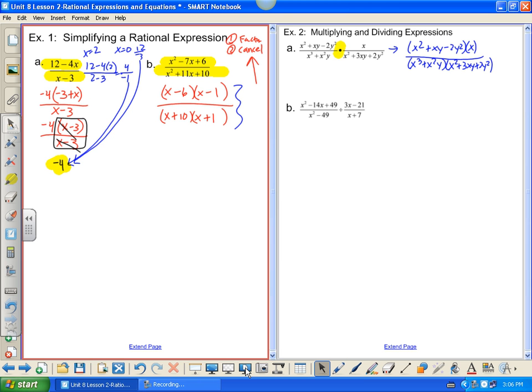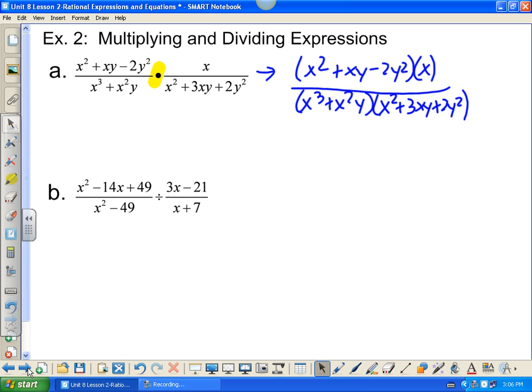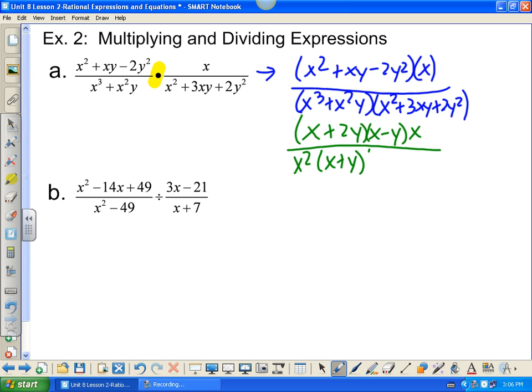We have one fraction. My numerator factors into x plus 2y times x minus y times that monomial of x, over x squared times x plus y. And then the trinomial factors into x plus 2y, x plus y.